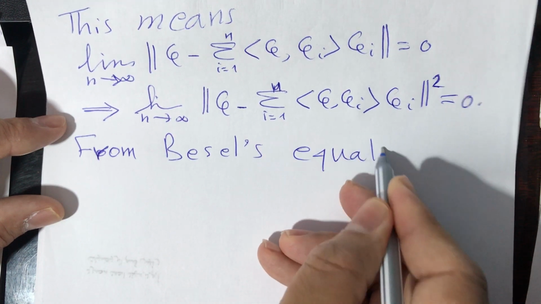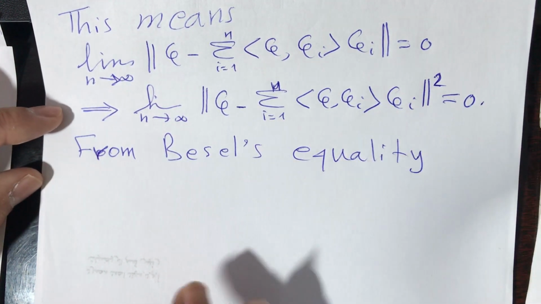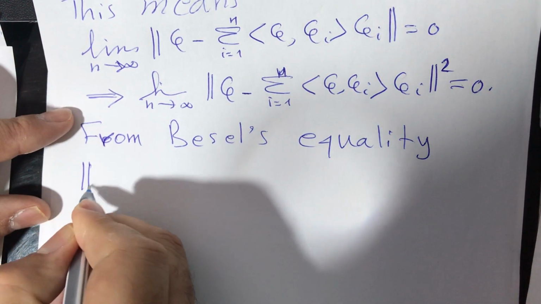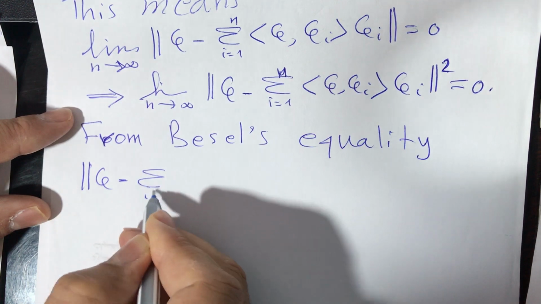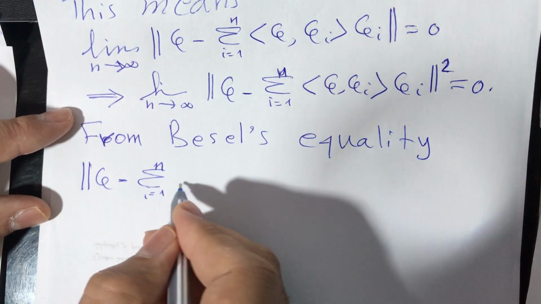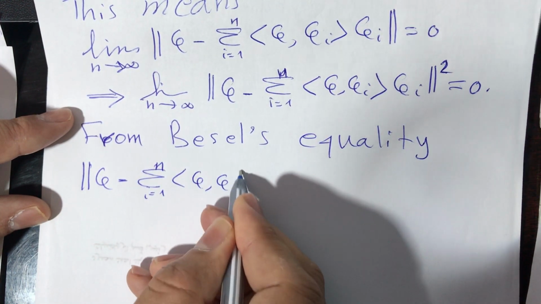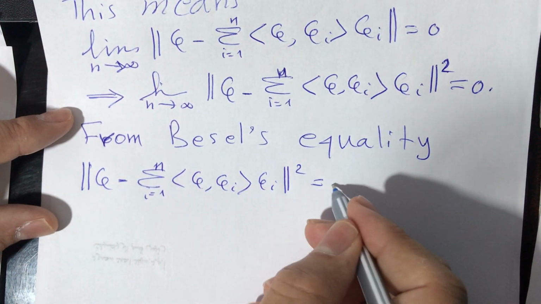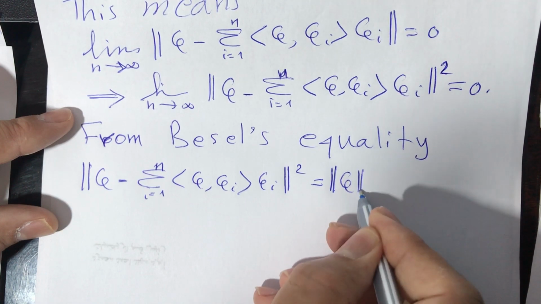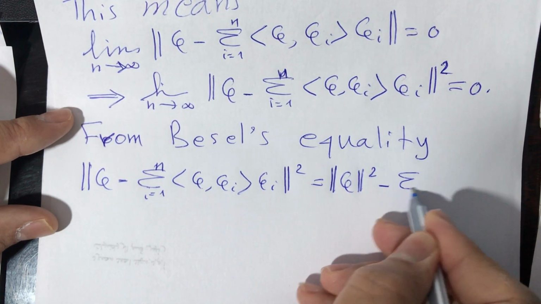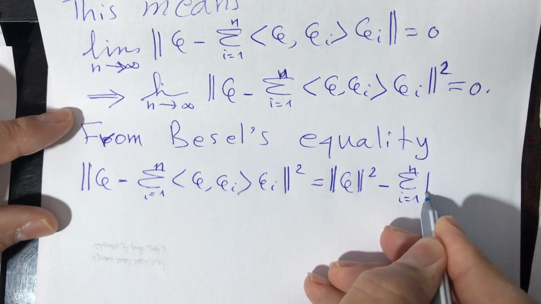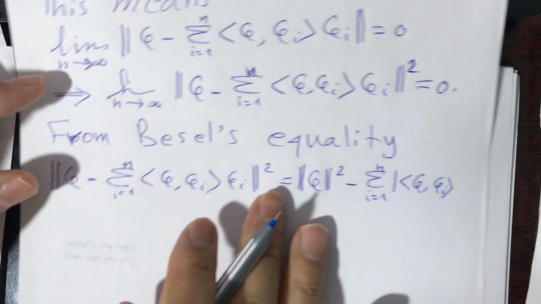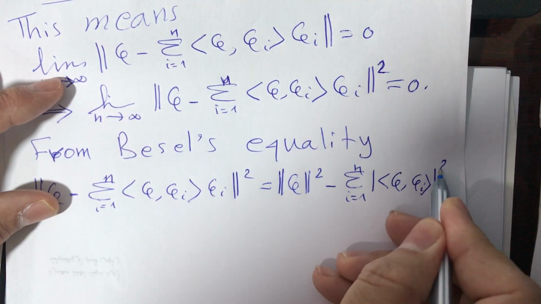equality, we get that the norm of phi minus the summation i from 1 to n of the inner product phi, phi i times phi i, squared, is equal to the norm of phi squared minus the summation i from 1 to n of the absolute value of the inner product of phi and phi i, squared.